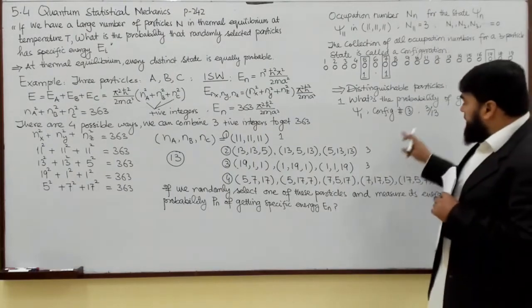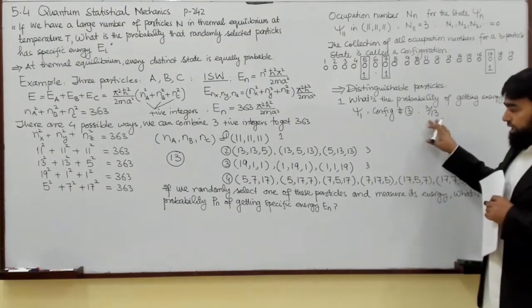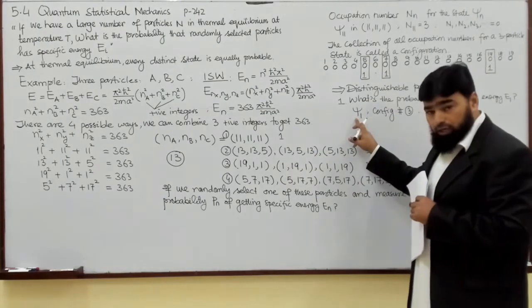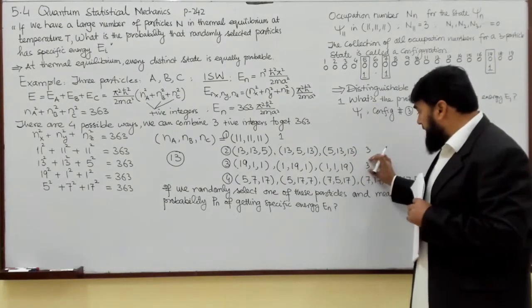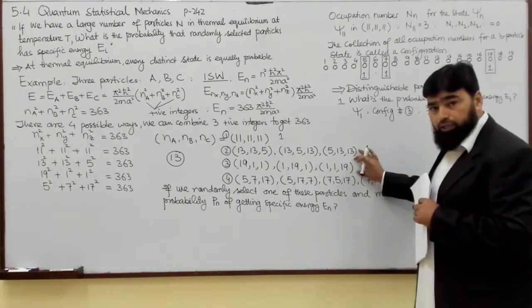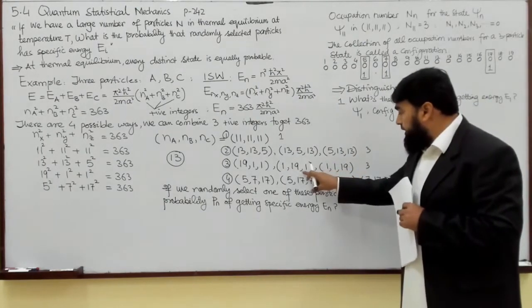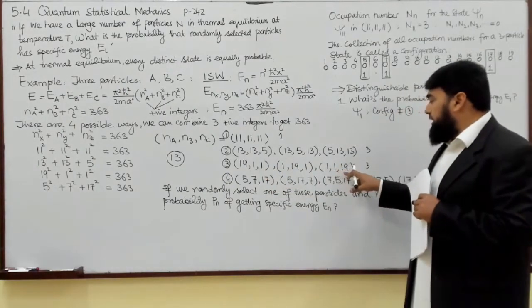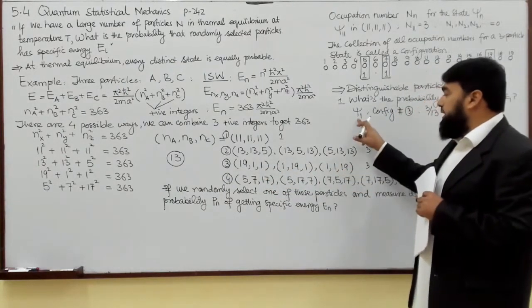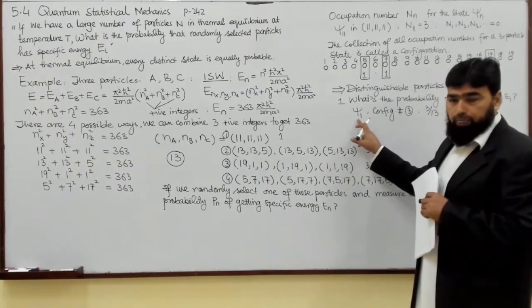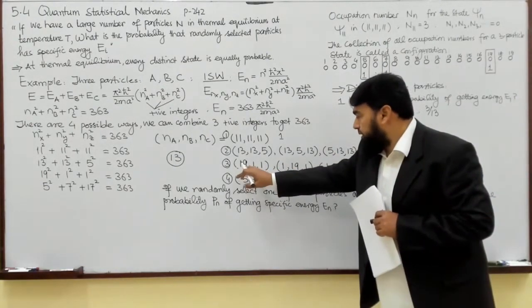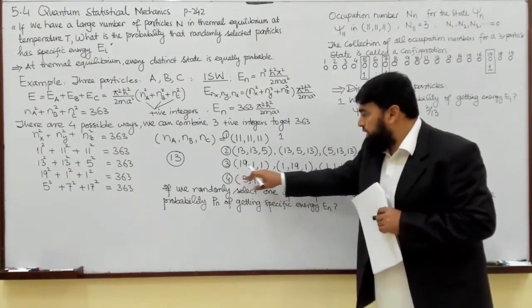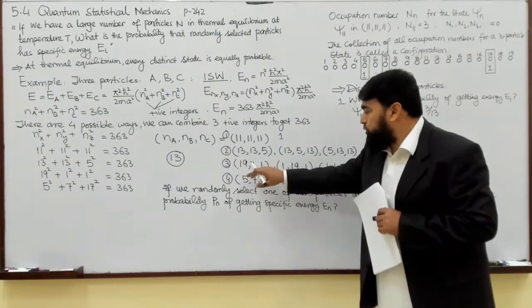Now inside configuration number 3, the chance of getting psi 1 in this combination: there are 3 possible ways there, and in 2 of them it is psi 1. So 2 over 3 is the chance of getting psi 1. Out of these 3, I am having 2.